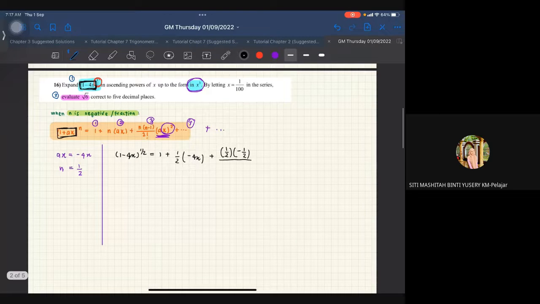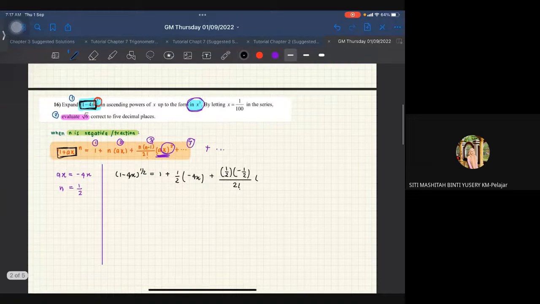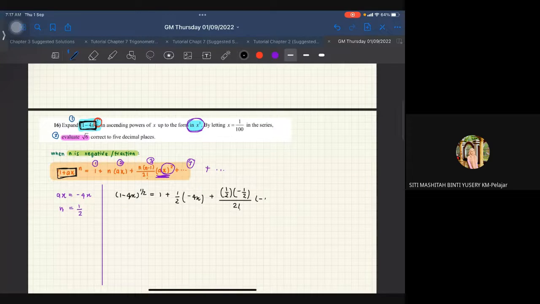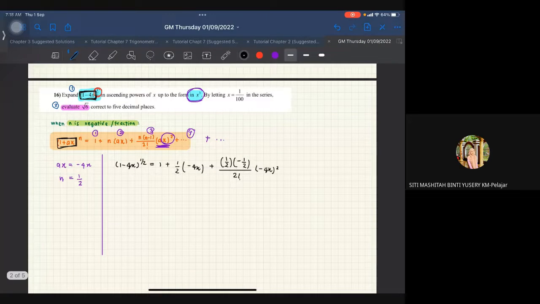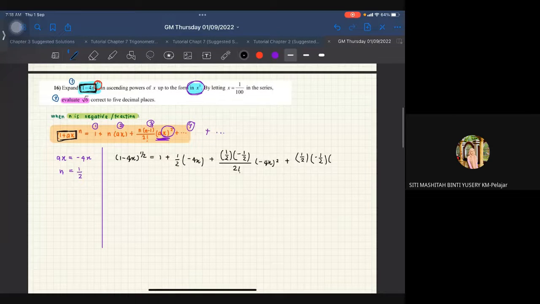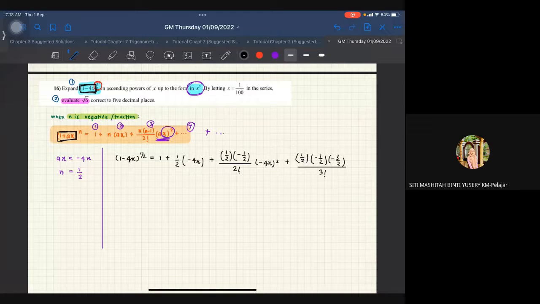And then this time dia ada 2 factorial dekat bawah, and then darabkan dengan AX square. So you have negative 4X square. Okay, so lagi satu, kita tambahkan dengan 1/2, negative 1/2, minus lagi dengan 1, you get negative 3/2, over kan dengan 3 factorial darabkan dengan negatif 4x cube, and jangan lupa tambah dot dot dot.